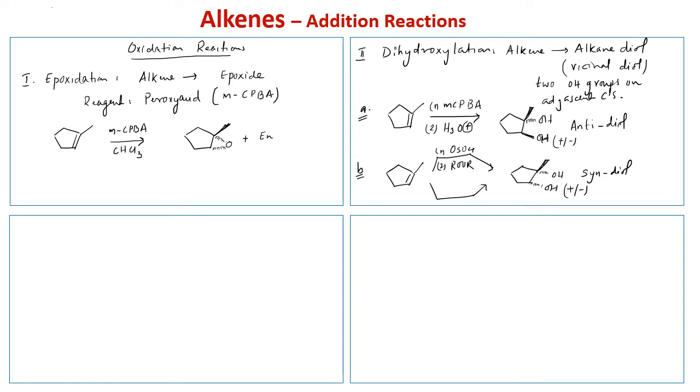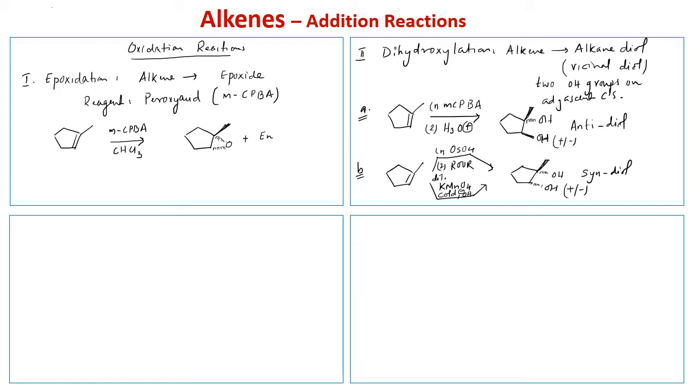The second set of reagents that does this same thing is potassium permanganate, and you want this to be dilute KMnO4, and it has to be cold in presence of a base like hydroxide.